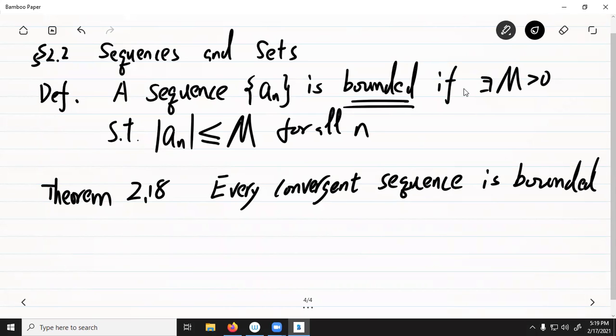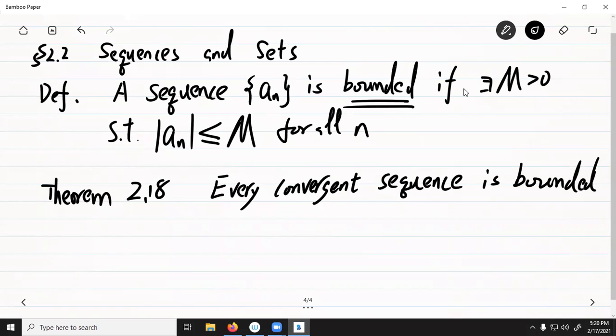Every convergent sequence is bounded. Okay. So the one thing I should say is that the other way is not correct. The bounded sequence may not be convergent, but the convergent sequence must be bounded.